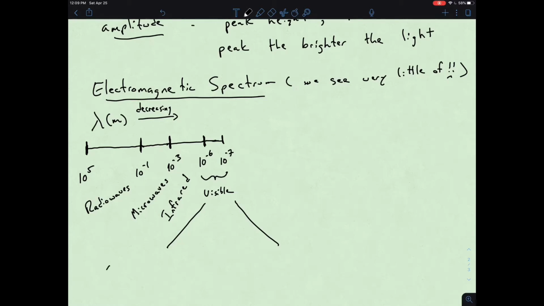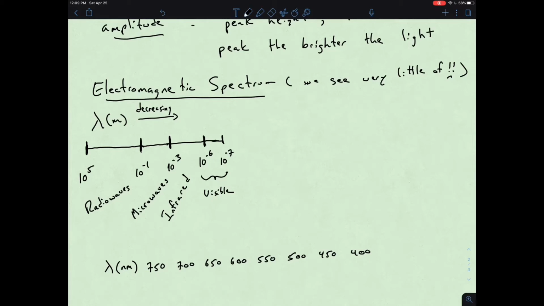Still in wavelength, but now in units of nanometers, the range goes from 750 to about 400 for us, going down in 50 unit increments, across our visible spectrum.